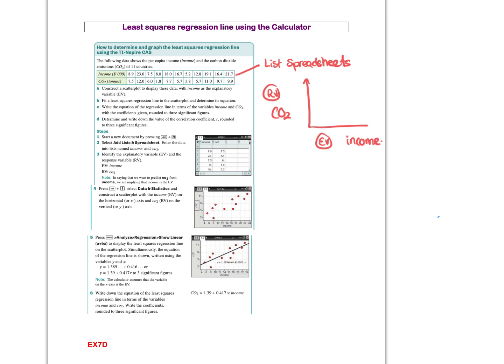There's a couple of ways you can get those A and B values when you've got the list. Do you remember when you're on lists and spreadsheets? Remember we went menu, stats, stat calculations, then we did the linear A plus BX. Do you remember we did that to get the R value?